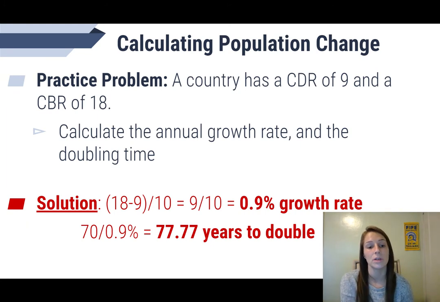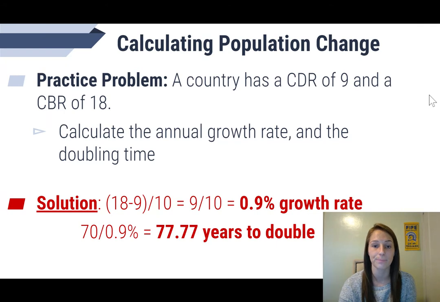Now, in order to do the doubling time, we go to the formula for the rule of 70. So we would have 70 divided by that growth rate, which is going to get us to 77.77 years in order to double. And that's how long it would take this country to double its population based on the growth rate that it has right now.